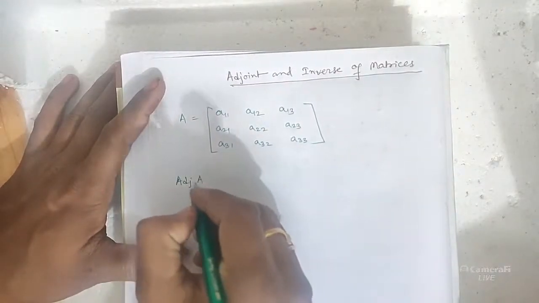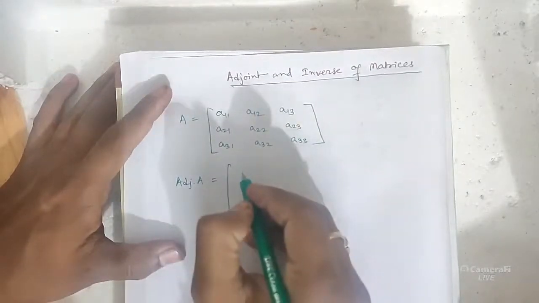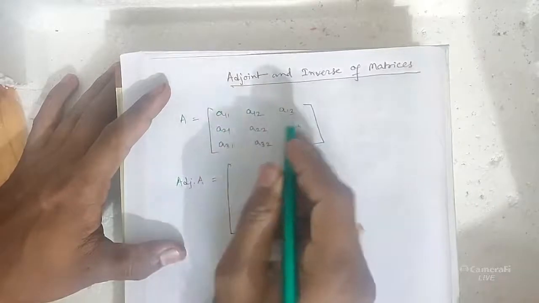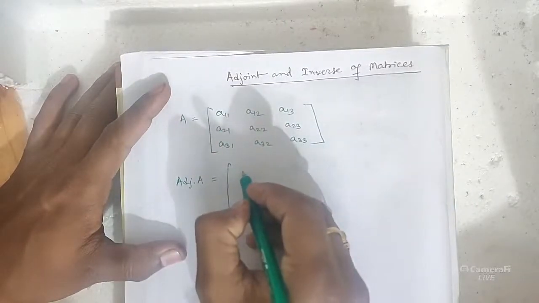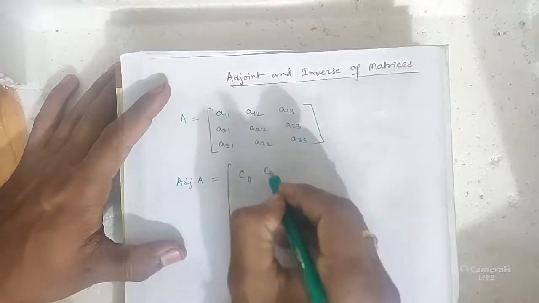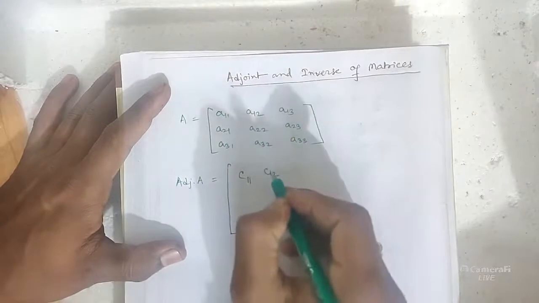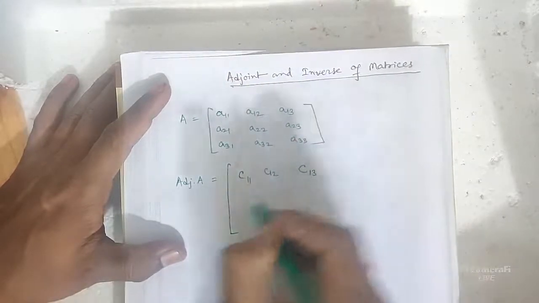Adjoint of A equals, first we have to find the cofactors of all the elements and write each against the corresponding element. So it will be C11, C12, the cofactor of this element is C13.